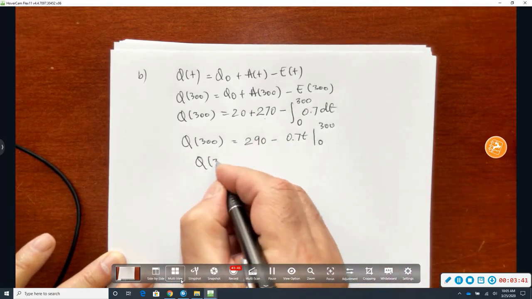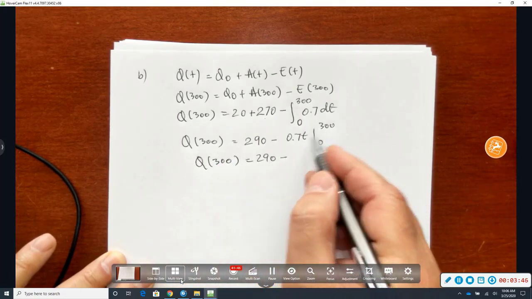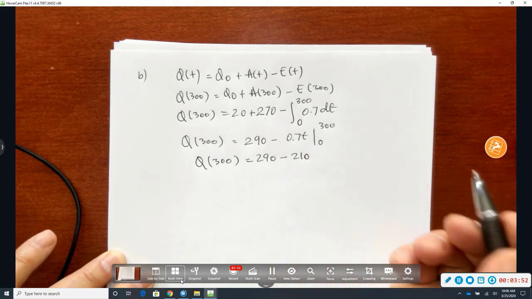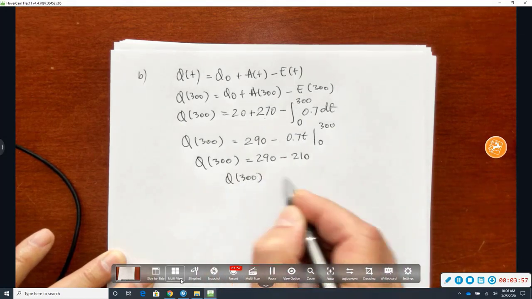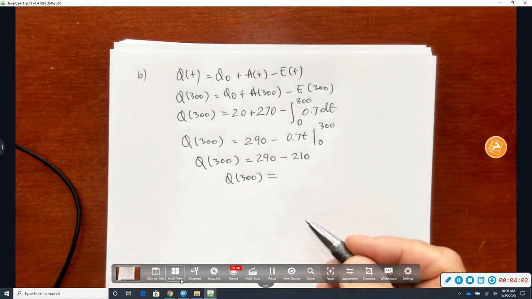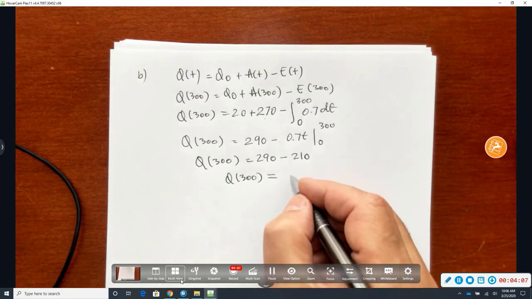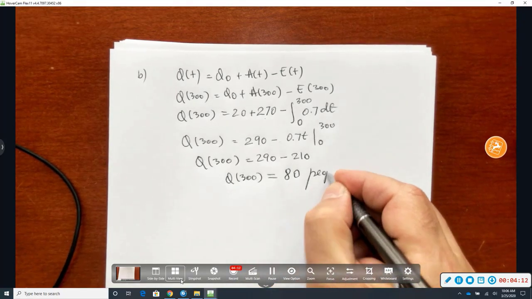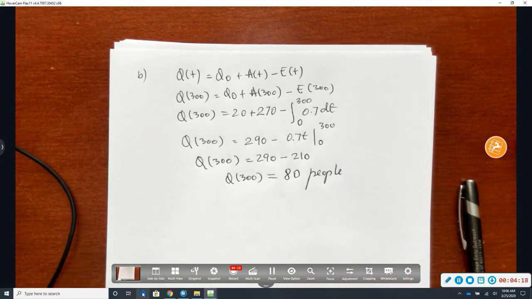Or, the number of people at time 300 is going to be 290 minus 0.7 times 300, which is 210, minus 0, which is 0. So the number of people in line after 300 seconds is exactly 80 people. Again, don't forget, we need to write the units.